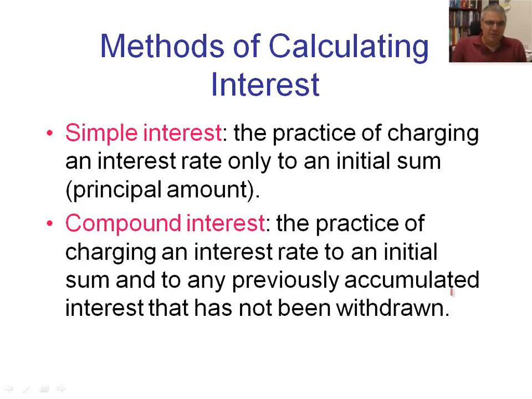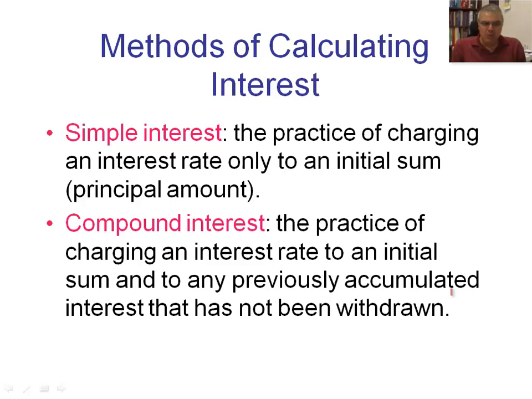So what are some of the methods of calculating the interest? Again, there are simple interest and compound interest. Simple interest is pretty much an interest rate that only applies to an initial sum, or the principal amount. Rarely is that used in the real world.